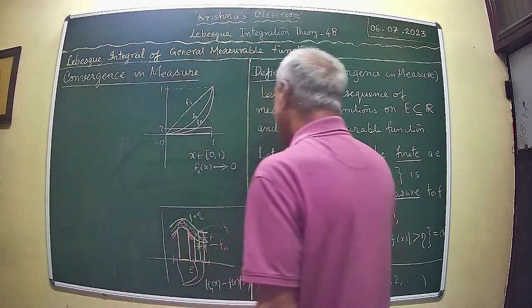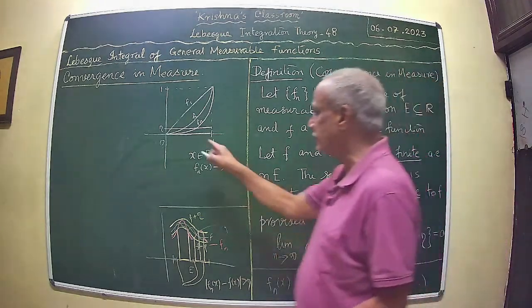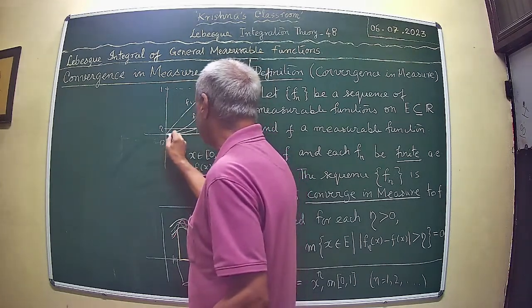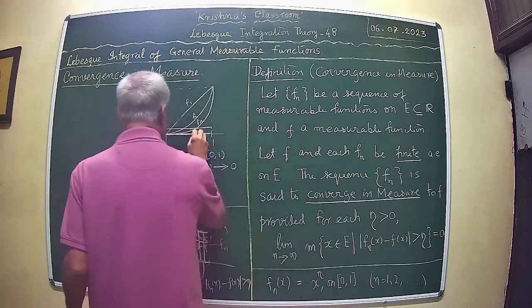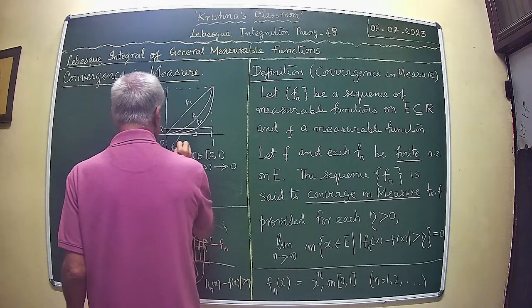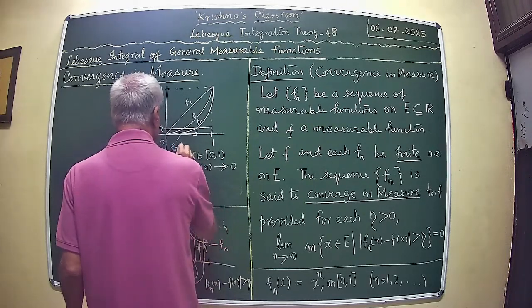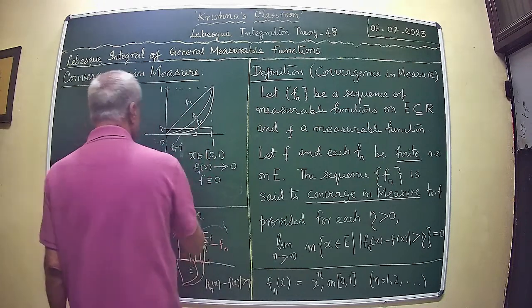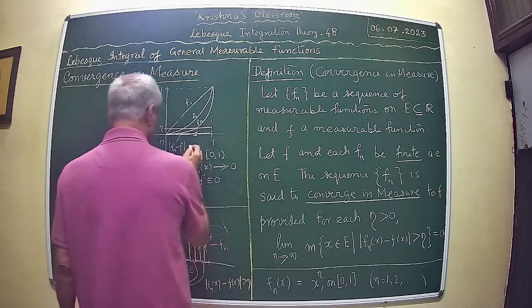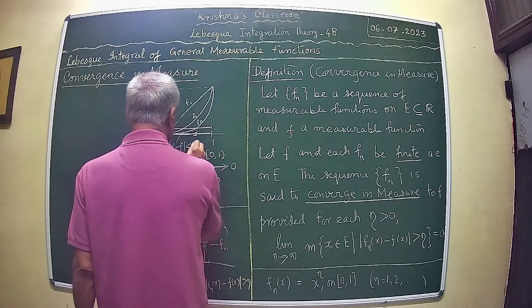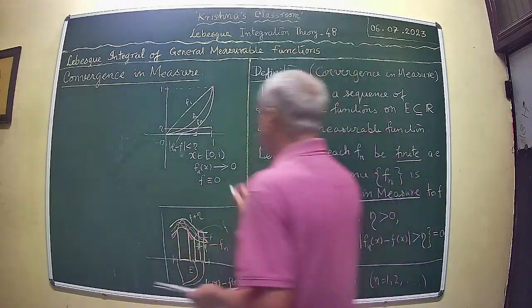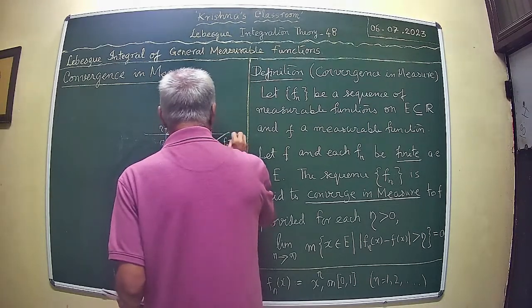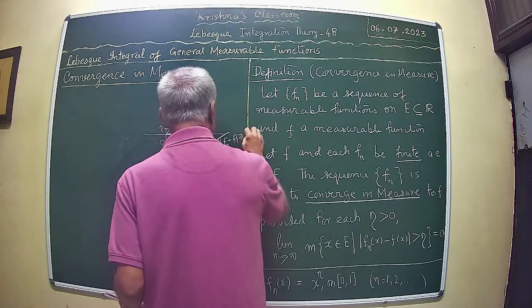Now you see that |Fn minus 0| is less than eta on this portion, so here Fn minus F is less than eta, and on this portion it is greater than or equal to eta.